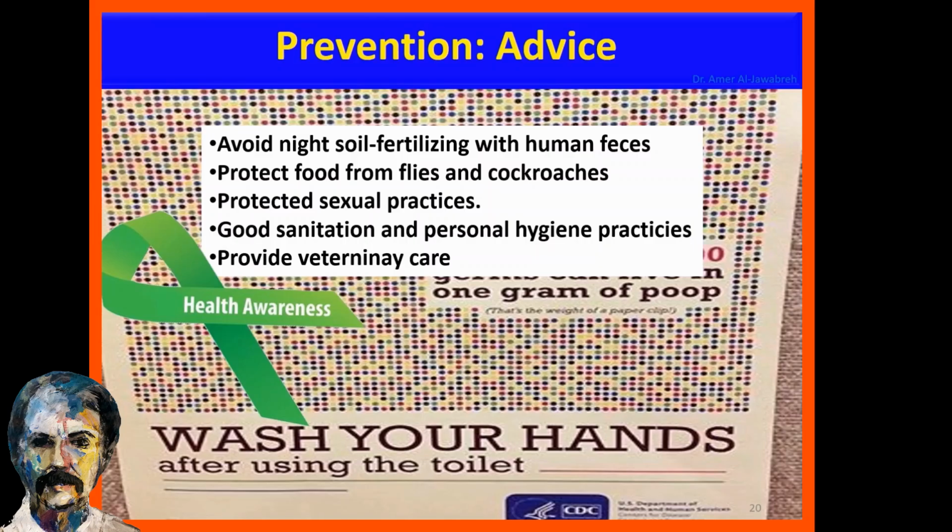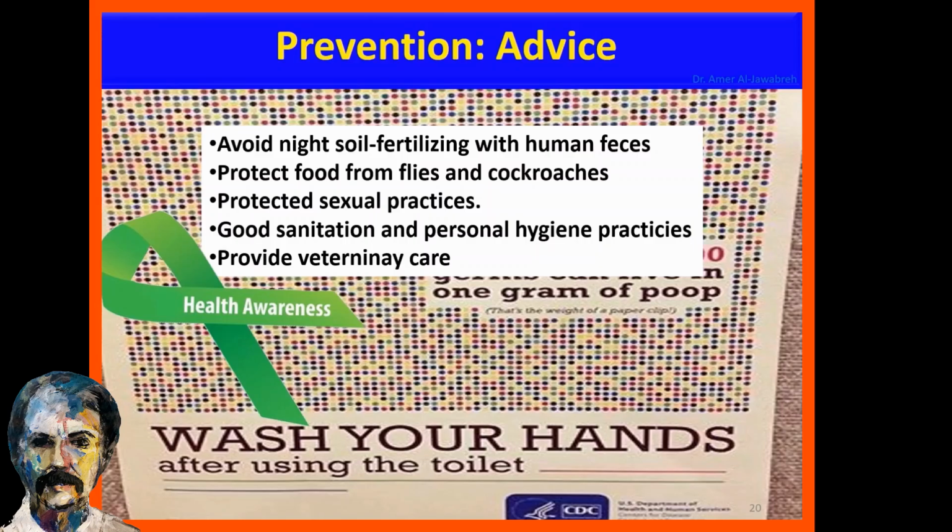Good sanitation, whether personal or the surrounding, and give veterinary care. Give health care to animals, whether these animals are pets or livestock, animals which we make use of, like sheep, goats, poultry. Again, health awareness is a cornerstone.